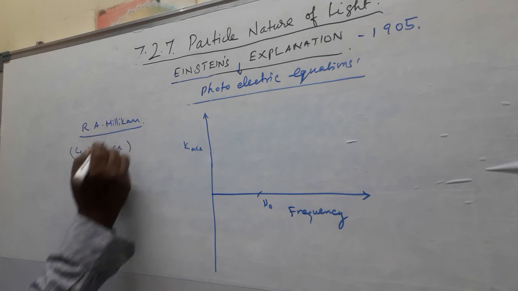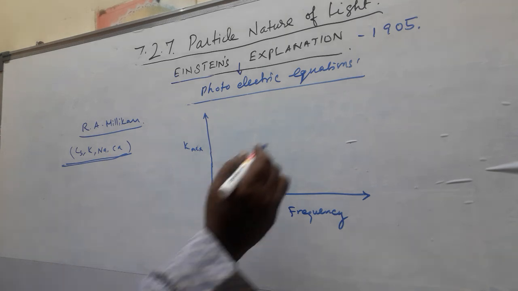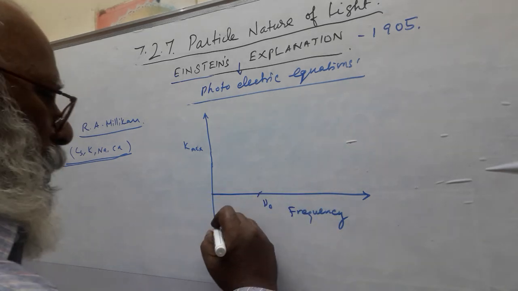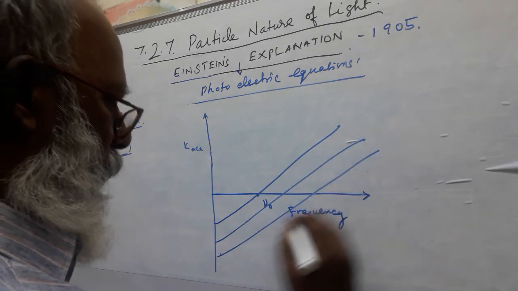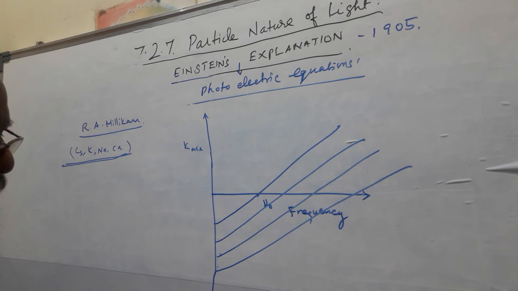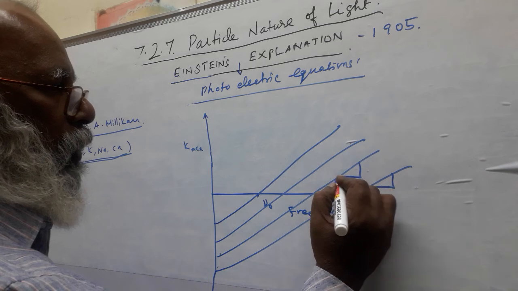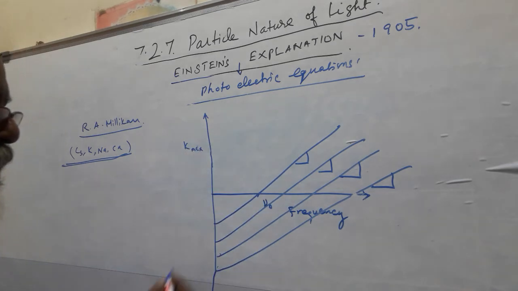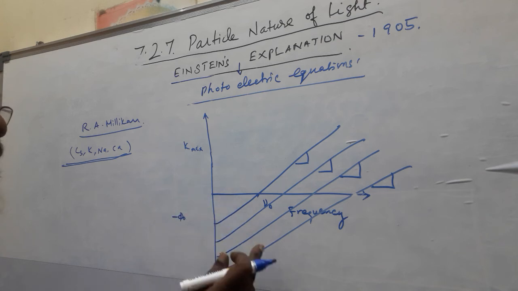He considered four kinds of metals for his experiment. Here, the slope of all the metals is not changed. Each and every line is as shown in the figure. This is called the y-dash axis. Wherever you want to find the slope value, all are equal, and the work function amount, minus phi naught, varies from metal to metal.